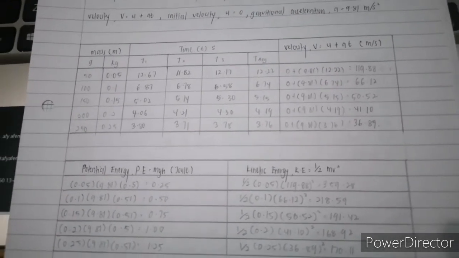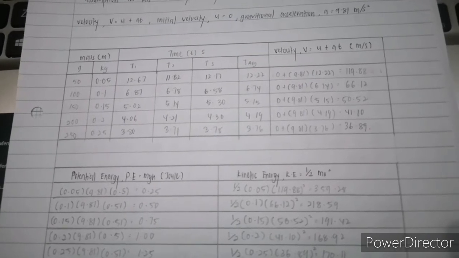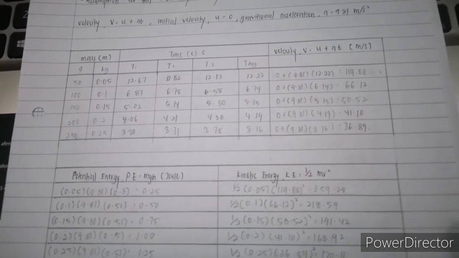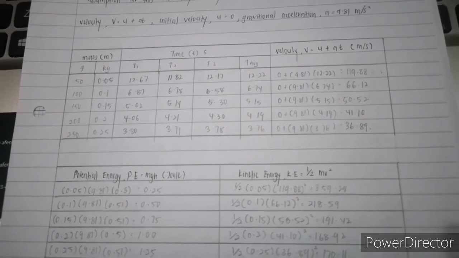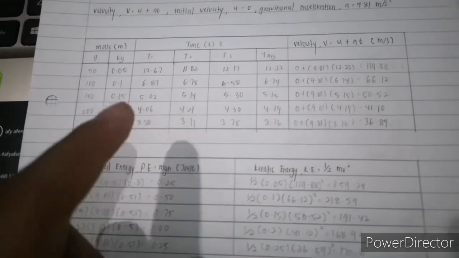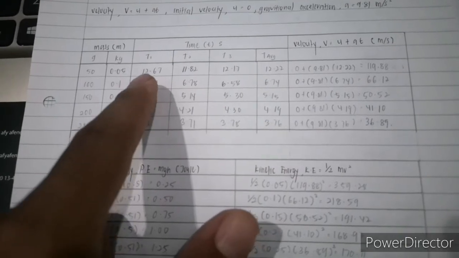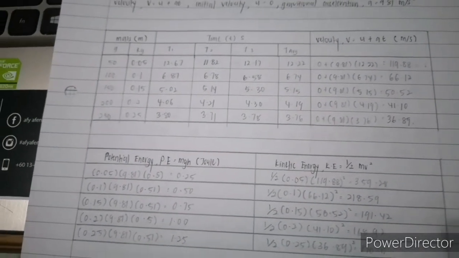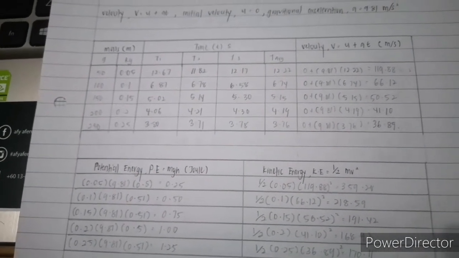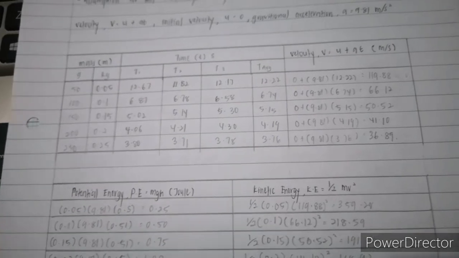The times were given, so we use them to calculate the time average. We add time 1 plus time 2 plus time 3, and divide the answer by 3, because this is the time average.